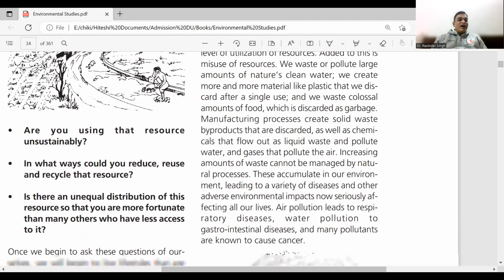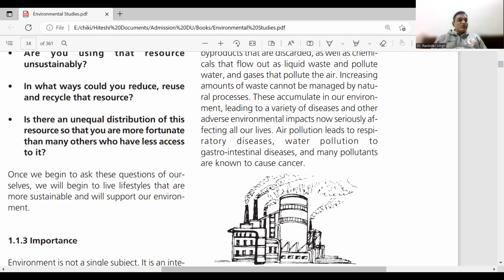Is there any unequal distribution of this resource so that you are more fortunate than many others who have less access to it? Once we begin to ask these questions of ourselves, we will begin to live lifestyles that are more sustainable and will support our environment.